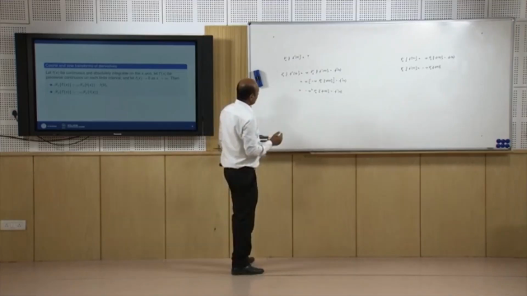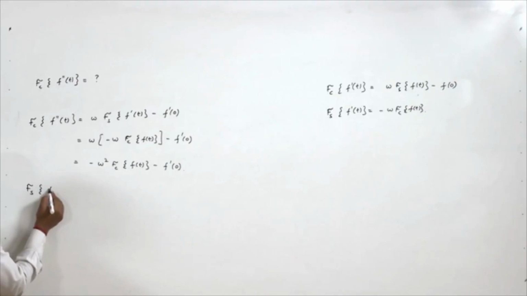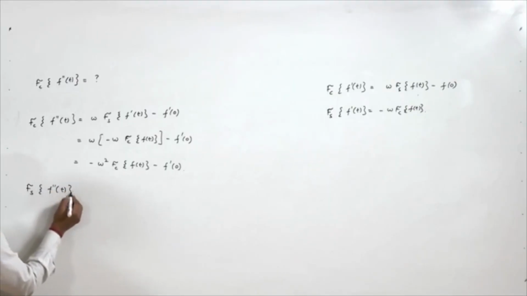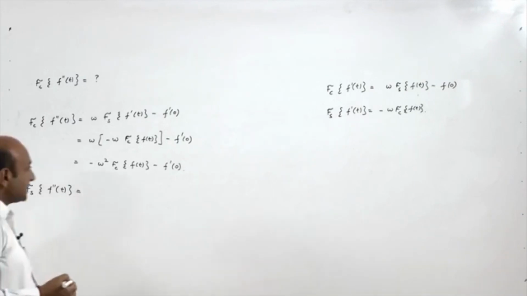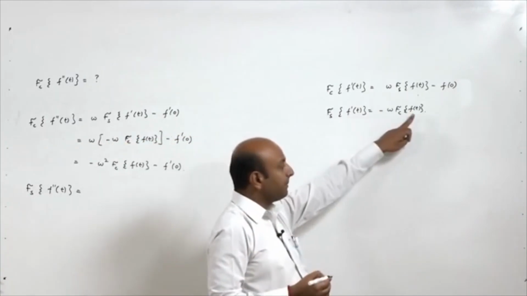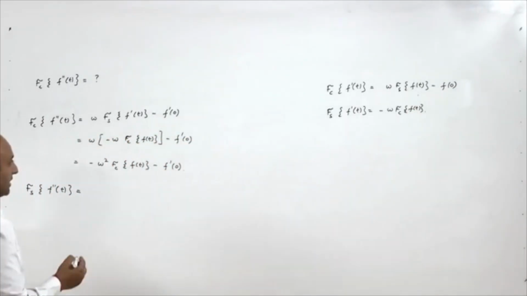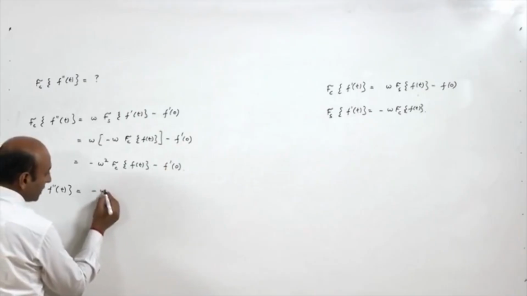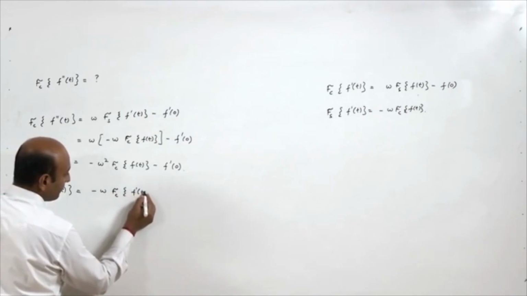Now, similarly, if you want to find the Fourier sine transform of the second derivative of f, that also we can find. In this expression, you simply replace f by f'. When you replace f by f' in this expression, it is minus omega times the Fourier cosine transform of f'(t).